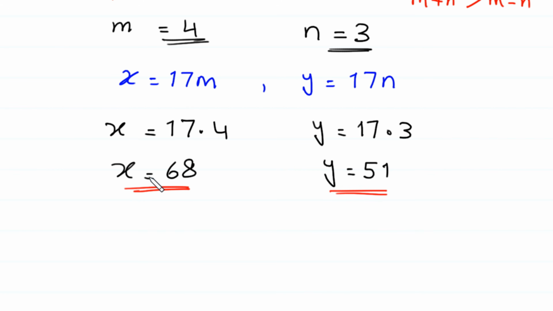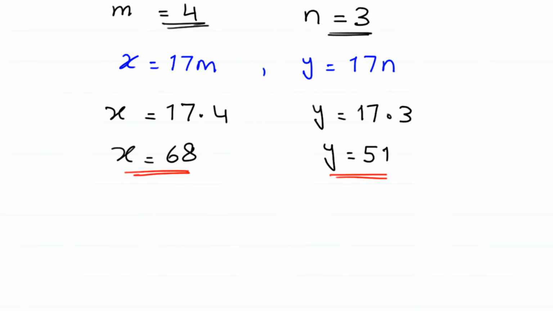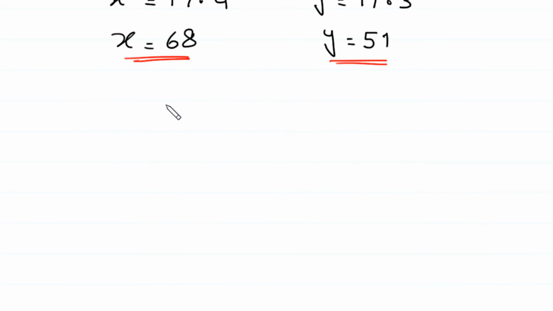Now to verify that these values of x and y are correct or not, we put these values in the original equation. The original equation is x square minus y square is equal to 2023. In this equation we put the value of x 68 and the value of y 51.